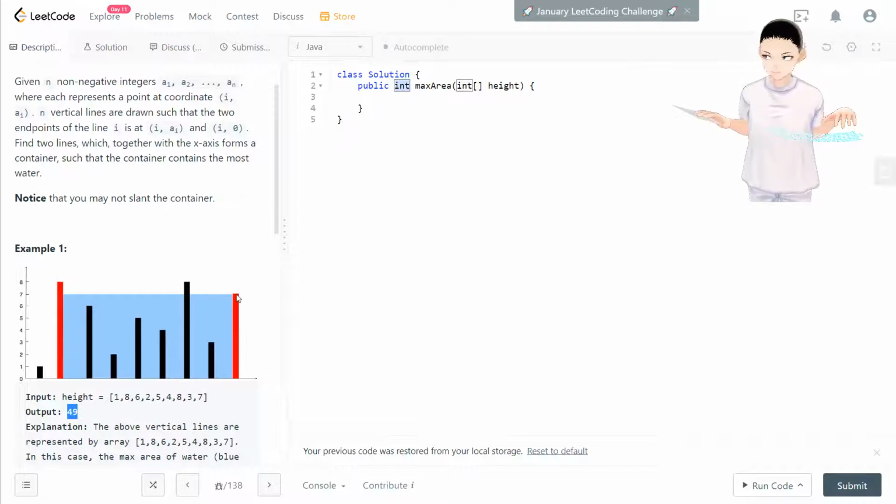If the right max is bigger than the left max, then we move the left pointer forward. We move it forward until the next one is higher than the left max. Right now it's higher than the left max.